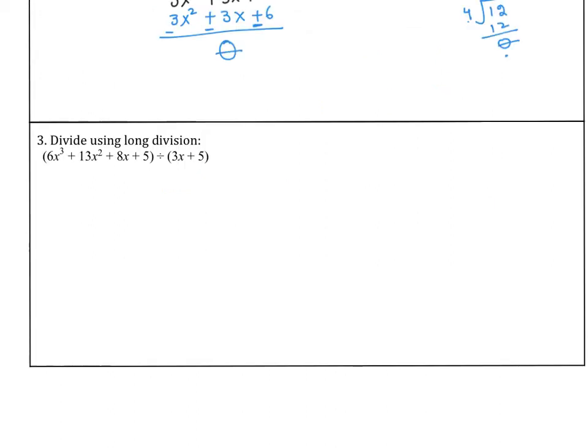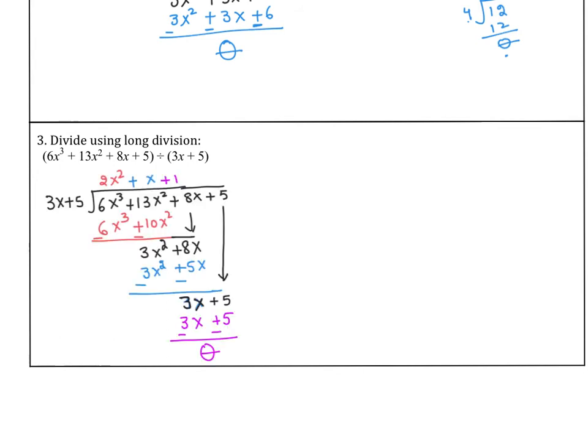Next is question number 3, long division: 6x cubed plus 13x squared plus 8x plus 5 divided by 3x plus 5. Again, first of all, we write this polynomial inside, and what we're going to divide with, 3x plus 5, outside.